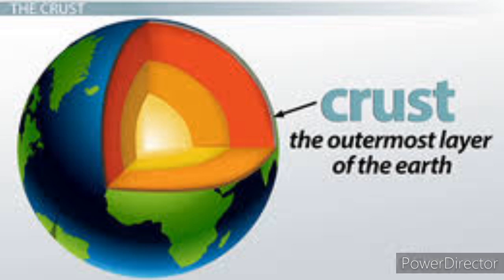Here, the first layer is the crust. As we know, the crust is the outermost layer, visible on the earth's surface, which consists of mountains, plateaus, plains and different kinds of landforms.